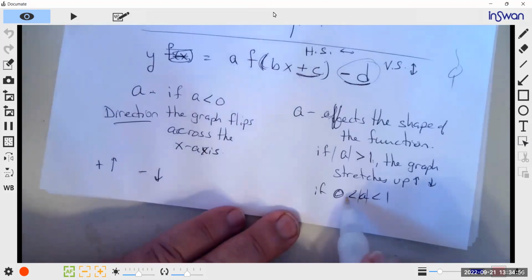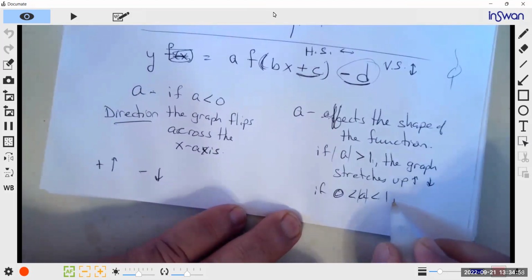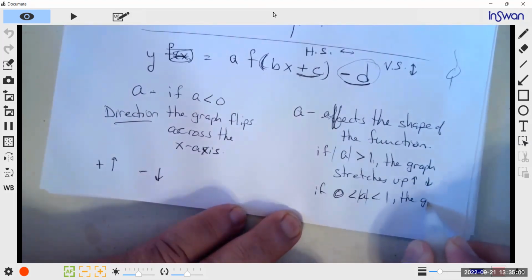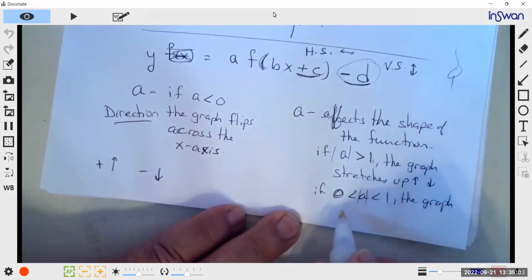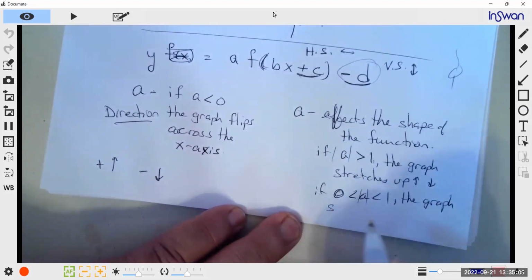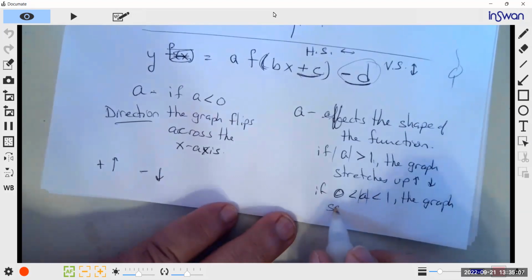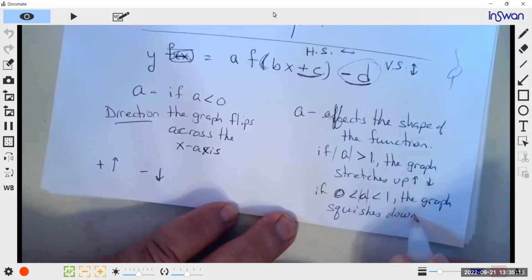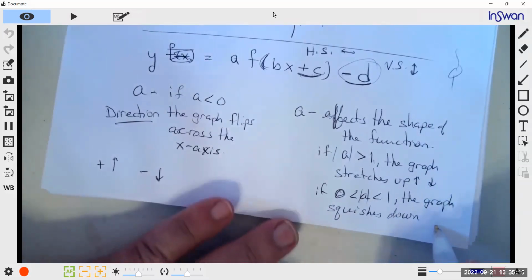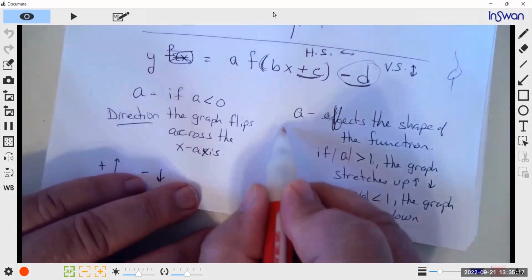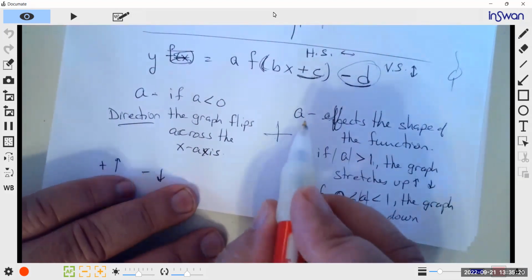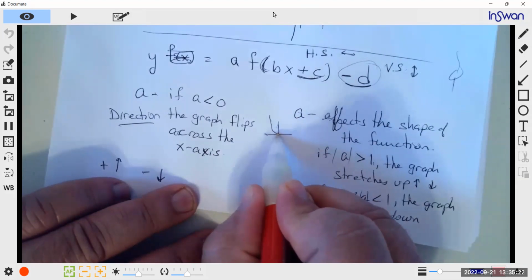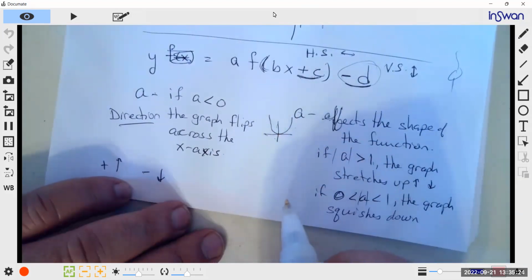So if A is a fraction, the graph constricts or squishes down. Now, what does that mean? Let's pretend the regular function is x squared.